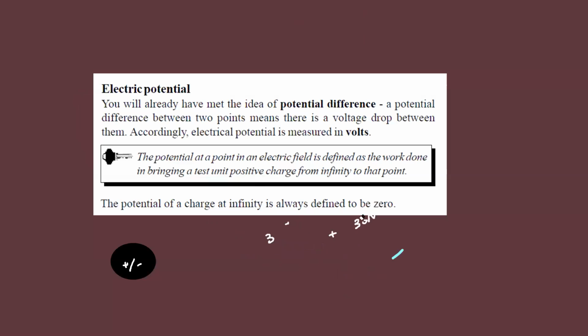So using this concept of electric potential, we also define the equipotential surface. For example, a charge is at position A and I move the charge, doing 30 joules of work. Using 30 joules of work, I can move this charge to different points where I'm doing 30 joules of work.